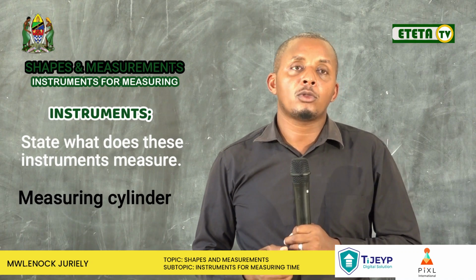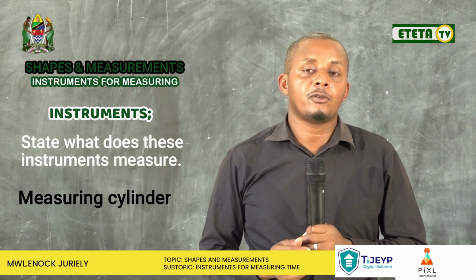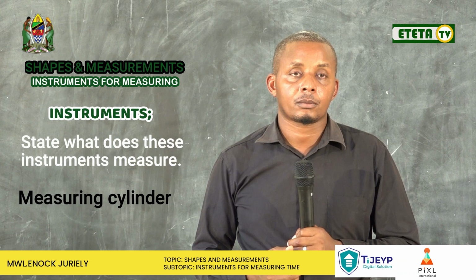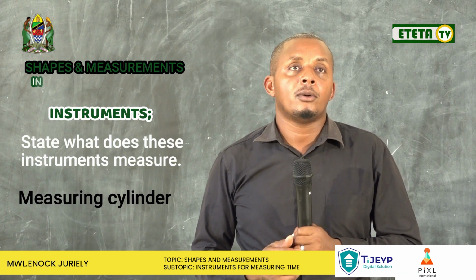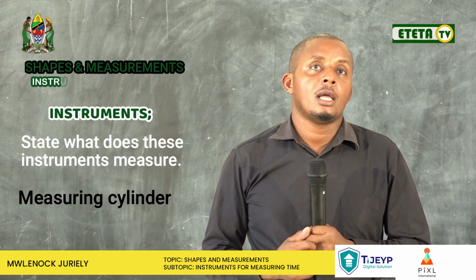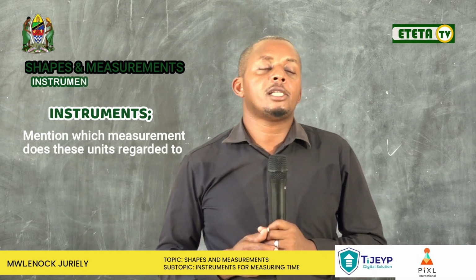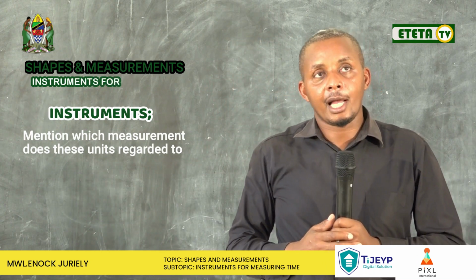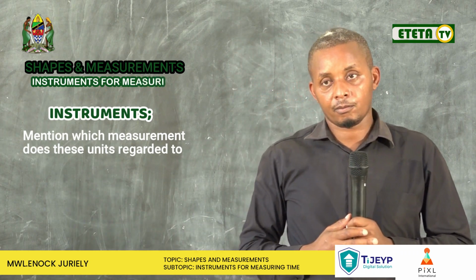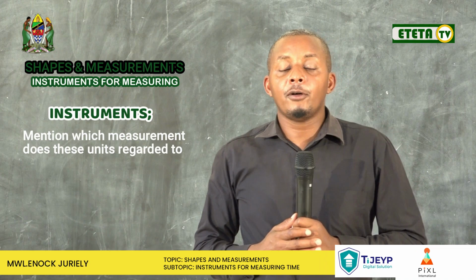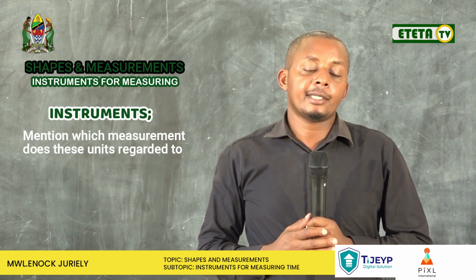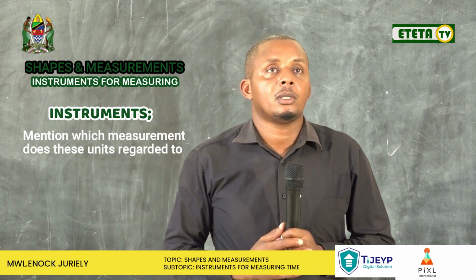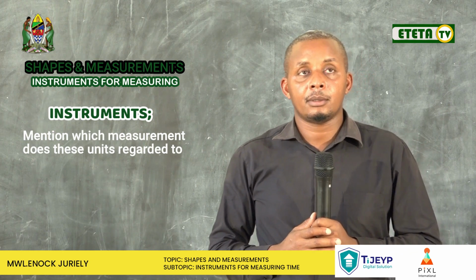You heard about those instruments for measuring. Now, I want you to mention some of the units regarding measurement. The following are the units with regard to measurement. We have seconds.